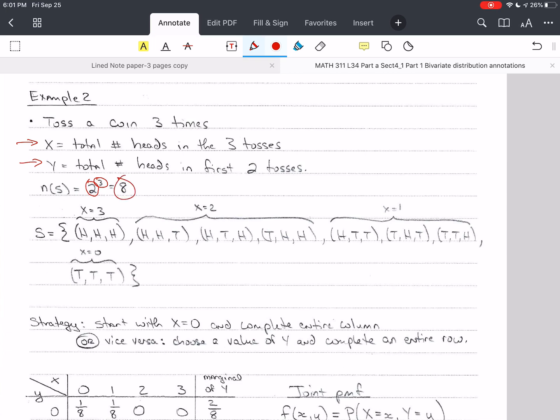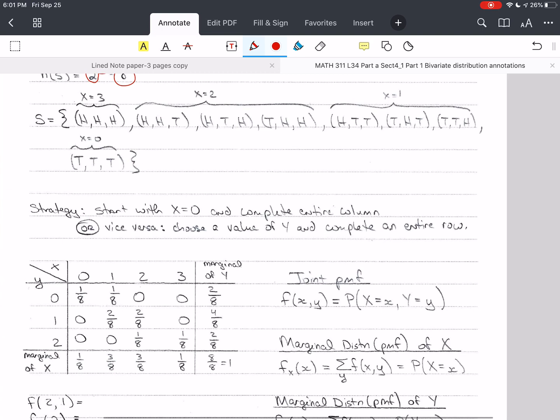So I could use a tree diagram, and I may have at one point to do this, but I've written out our sample space here as triplets, and what I want to do is find f of x, y, which is this portion, the inside portion of this table. That's what it is, okay?